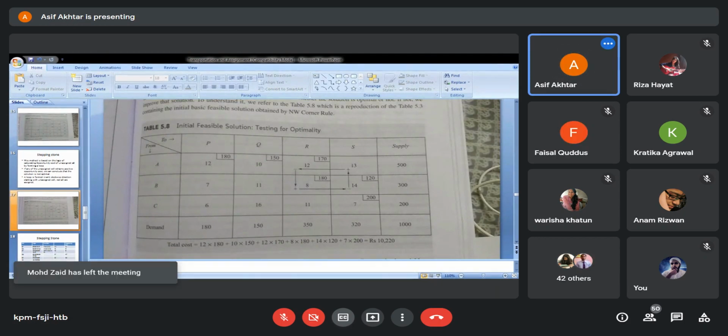Have you heard about any cost which helps you in deciding that your decision is right or it is not right, it needs improvement?